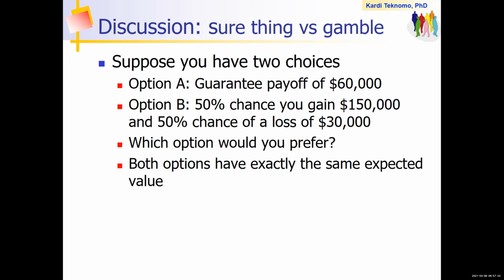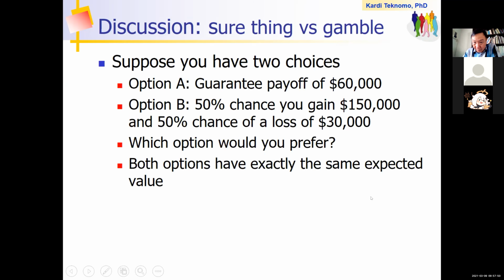If you calculate the expected value, they are exactly the same. 150,000 times 50% minus 30,000 multiplied by 50%, you will get exactly 60,000. Tell me, which one would you choose, A or B? Okay, let's see. Darin, what do you think?